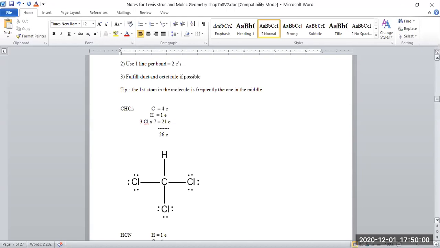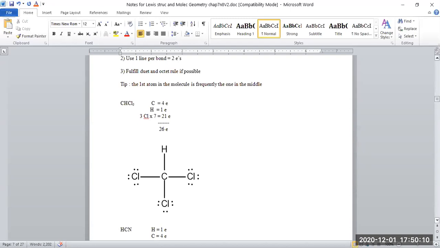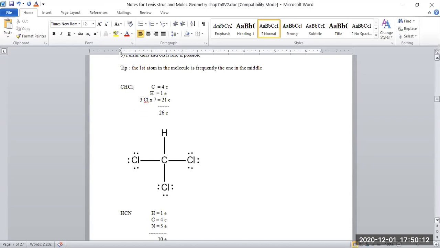Total them up. I have to do something with 26 electrons. So I start with my tip idea of putting my carbon in the middle. I then surround my carbon with my other atoms, in part because we saw above, carbon likes to make 4 bonds.